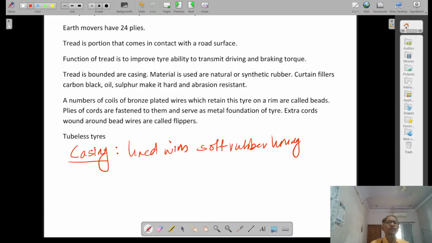So the repair of tubeless tires is very easy as compared to the repair of conventional tube tires. Nowadays the cars which we have use tubeless tires.